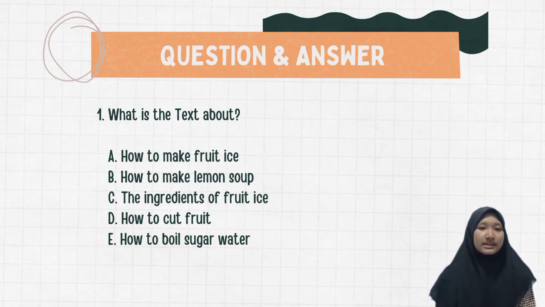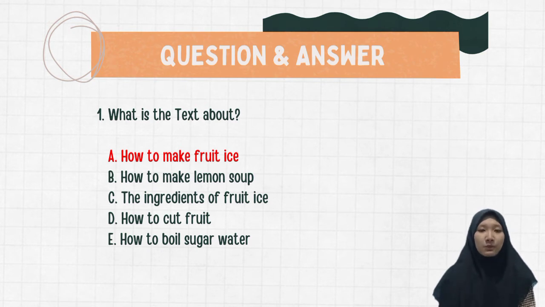The right option is A, how to make fruit ice, because the title tells us about how to make fruit ice. B is the wrong option because the text doesn't tell us about how to make lemon soup. C is also the wrong option because the ingredients of fruit ice don't include the goal but the materials needed, while the question is about the goal of the text.